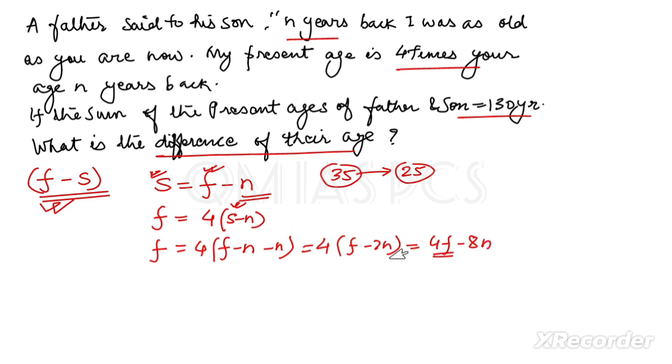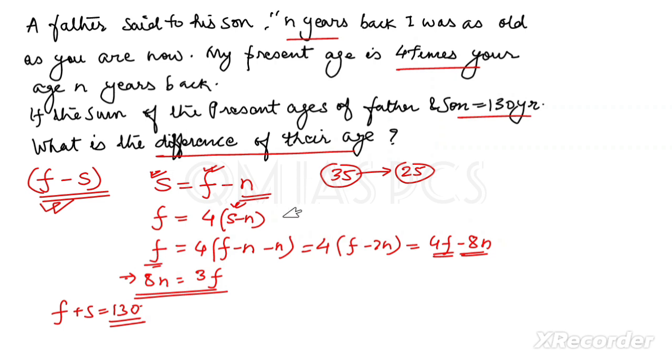Let's take this F to the right side and this 8n to the left side. So it will be 8n is equal to 4F minus F, that will be 3F. So this relation we will get. Now the third statement is given, the sum of their present ages is 130, like F plus S is 130.